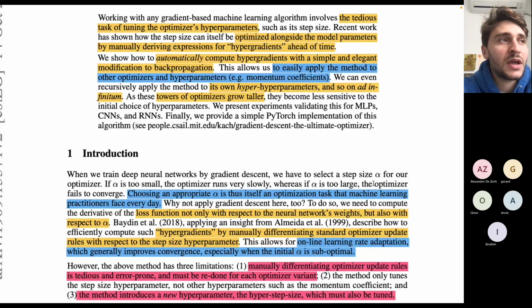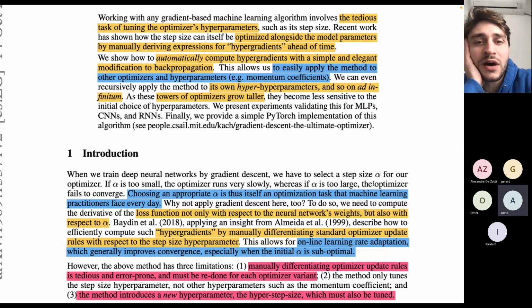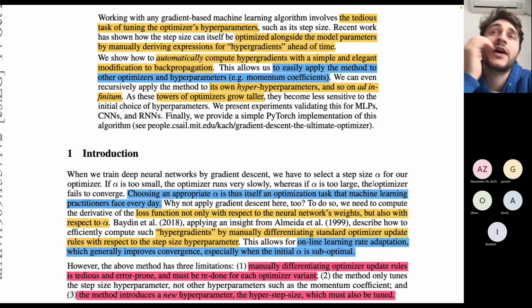And so we automatically have to use heuristics. Even here, they had to introduce heuristics for the hyperparameters of the hyperparameters to set these values. I was wondering if there was any way that we could make it a little bit more systematic without introducing a massive amount of compute.